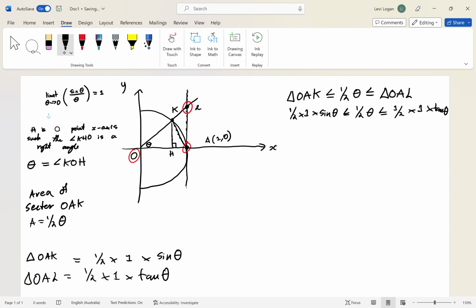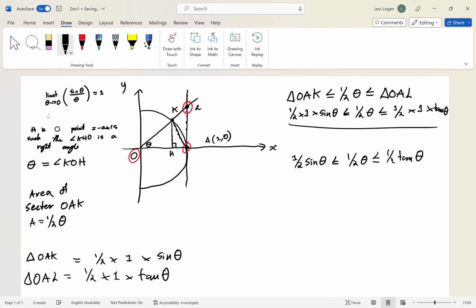Alright. So simplifying this whole inequality, we have a half sine theta is less than or equal to a half of theta, which is less than or equal to a half of tan theta.